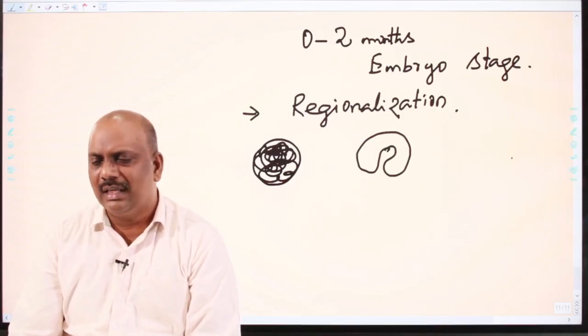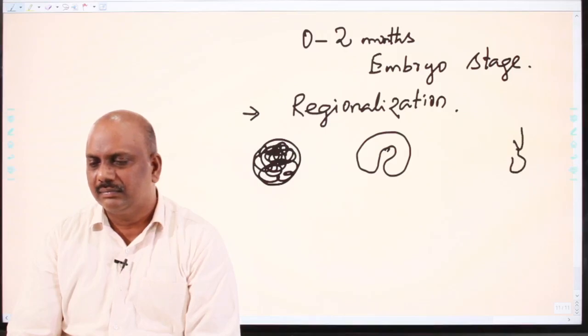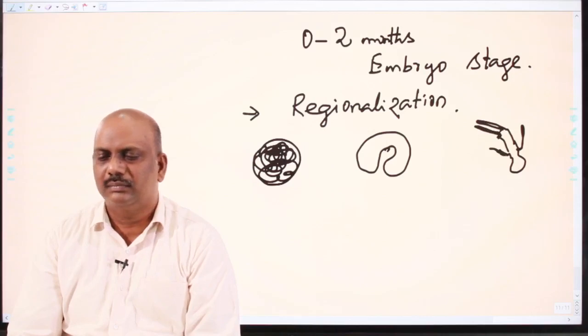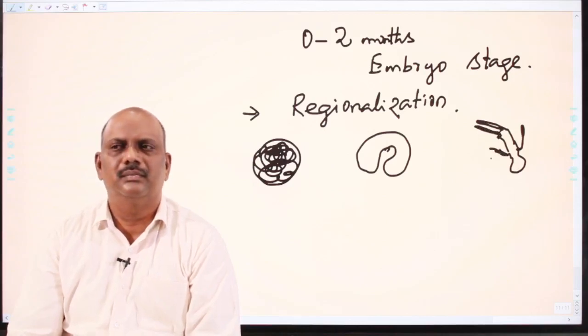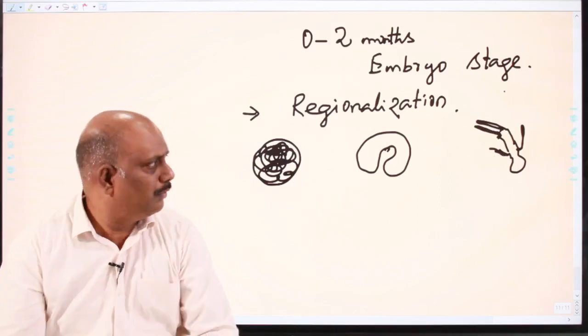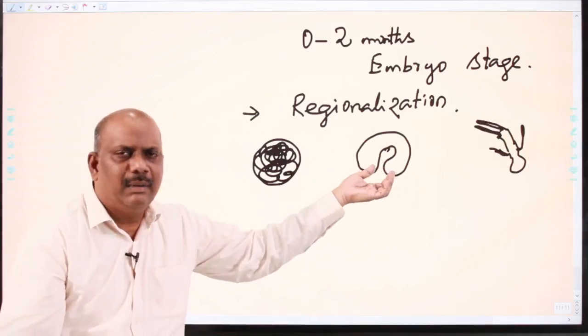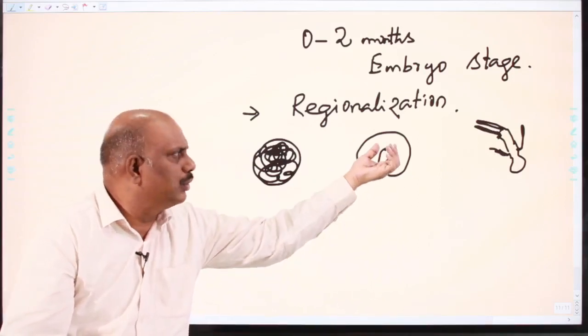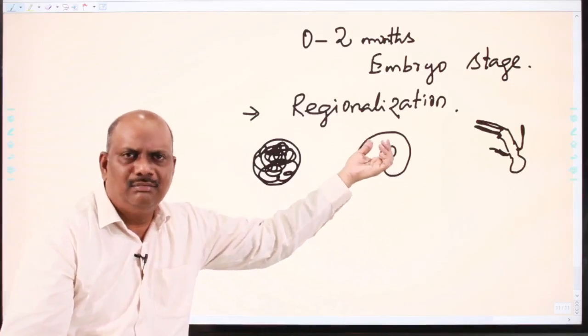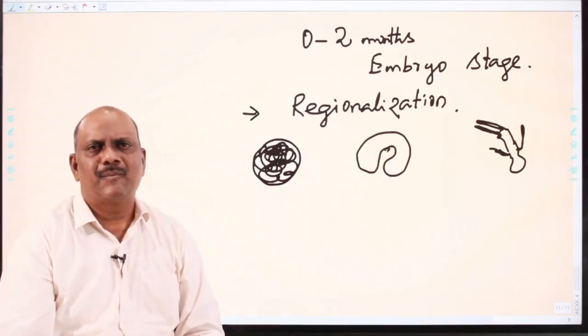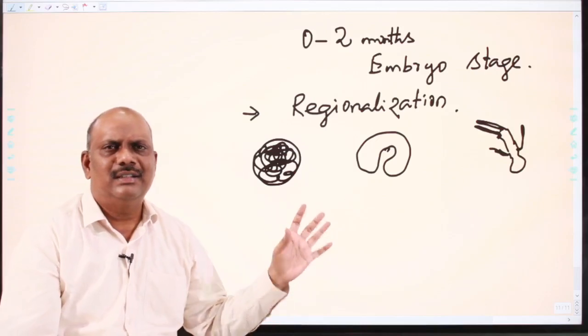And slowly the cells migrate. A few groups of cells here will migrate to form the head region, thorax, abdomen, arms, legs, etc. So this is called regionalization.